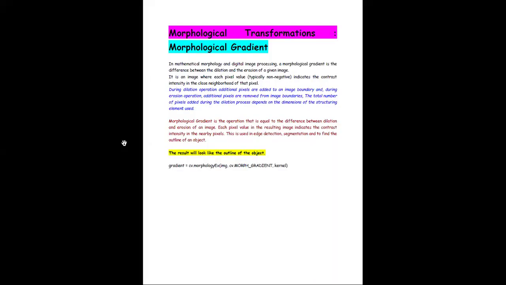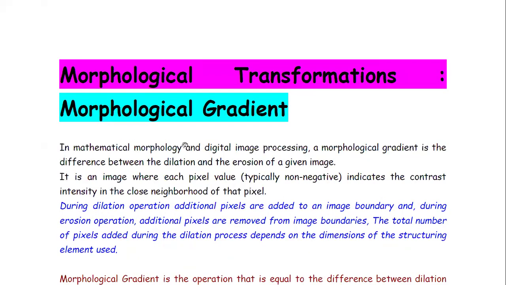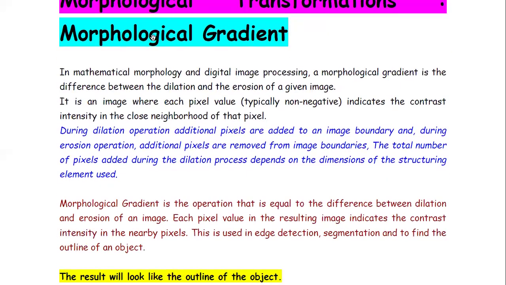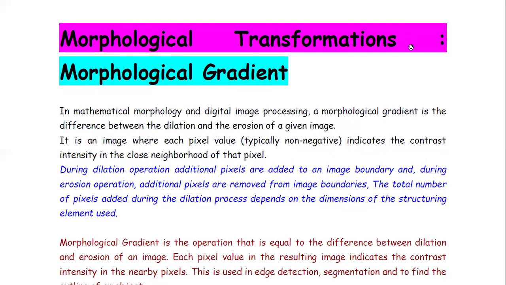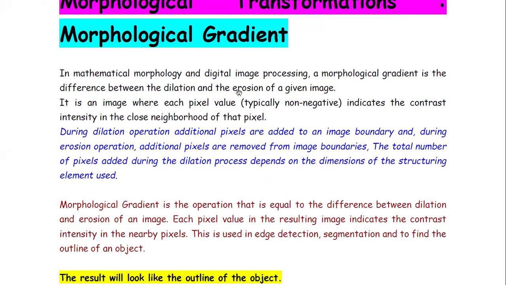So what I have just shown you is known as morphological gradient. It is one operation that falls under morphological transformations, and the output you have just seen is because of this operation. So what is morphological gradient?